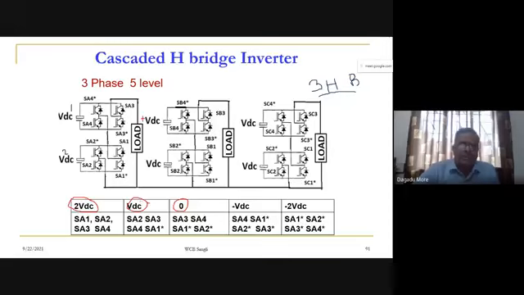When one source comes across the load with positive polarity, it is a VDC. When one source with negative polarity comes across the load, minus VDC. And when two sources in series come with negative polarity across the load, that is a minus 2 VDC. And when will we get a 0? When we get the voltage level 0, anybody?